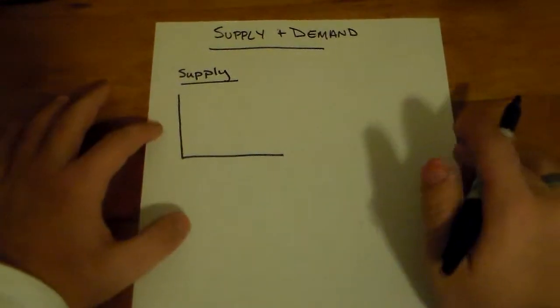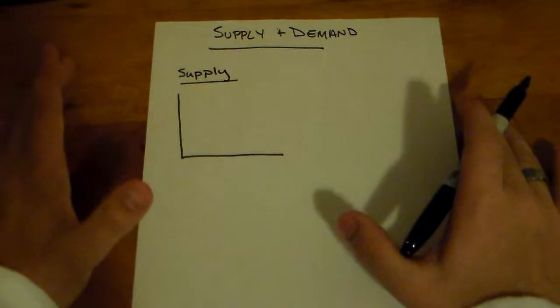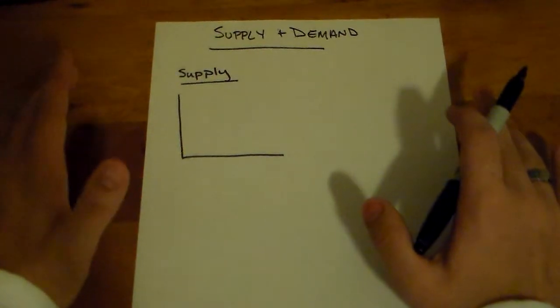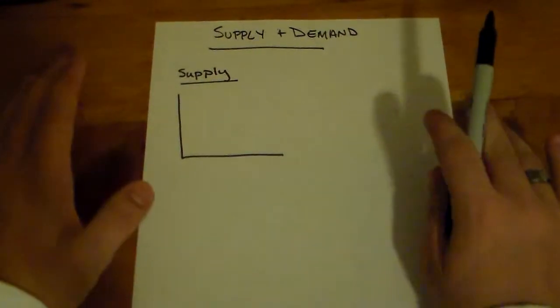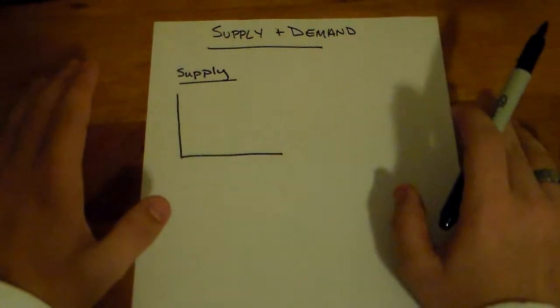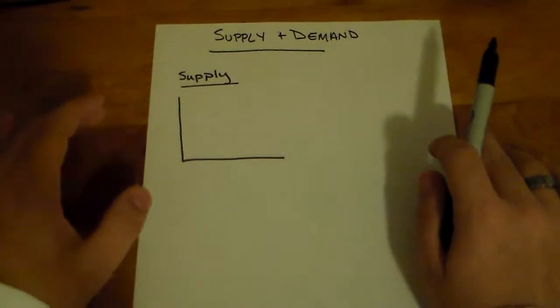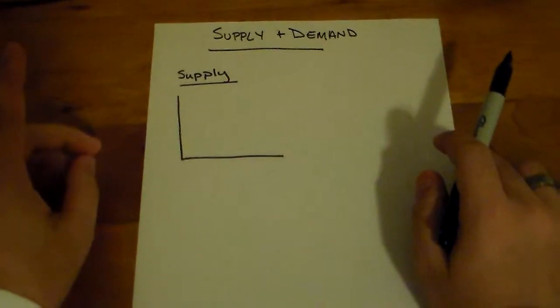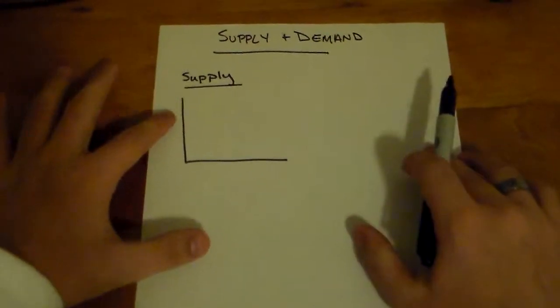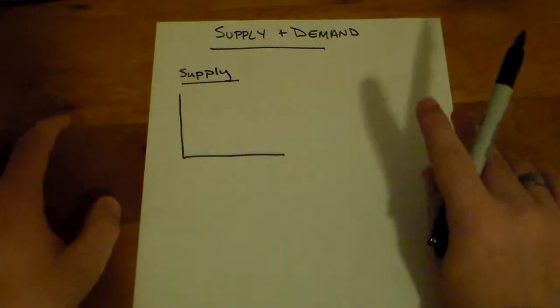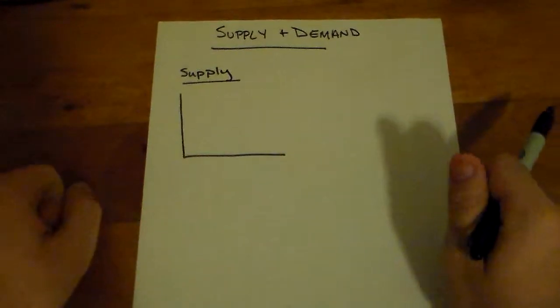Price, you should know at least, is an independent variable, but in economics, it is on the y-axis, where you would normally have the dependent variable.